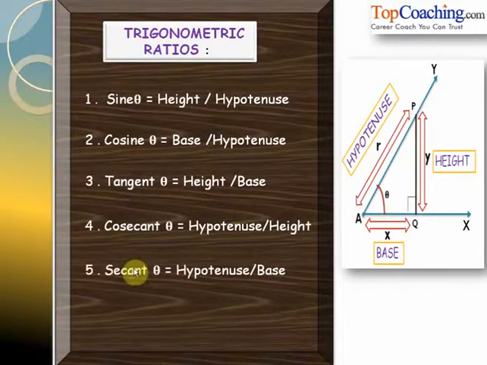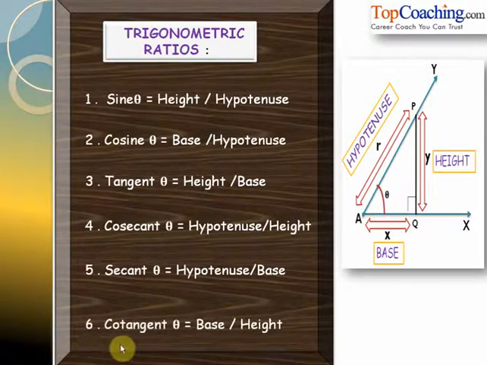The fifth is secant of theta, which is equal to hypotenuse divided by the base. Hypotenuse is AP and the base is AQ. And the sixth and the last one is cotangent of theta, which is equal to base upon height. So AQ divided by PQ is cotangent of theta.